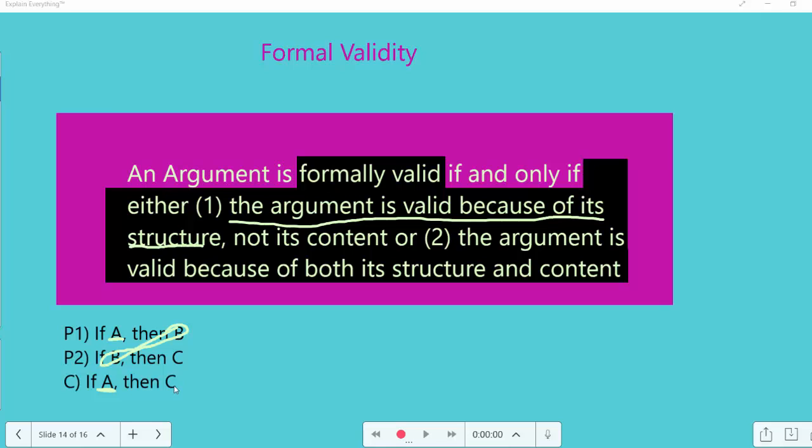And that means, given that content, you could never have all true premises and a false conclusion. That is this, which means you could never violate the definition of validity that we have, right? Because a valid argument is one that if the premises are true, then the conclusion must be true.